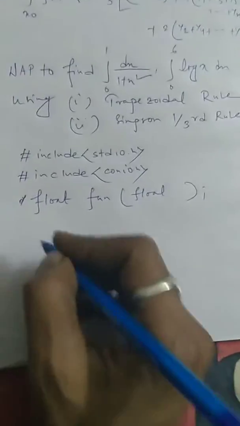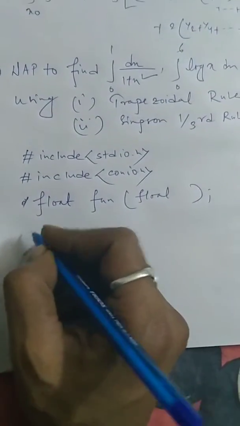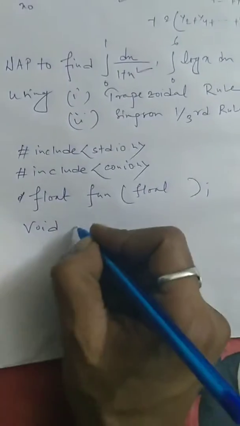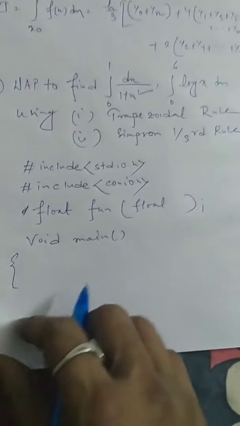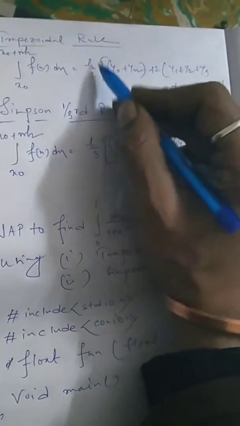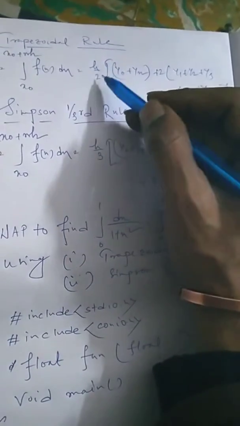This is declaring the prototype. Then we write the main function, void main. Here the formula is y0 plus yn plus 2 into y1 plus y2 up to the remaining, and initially that is h by 2.